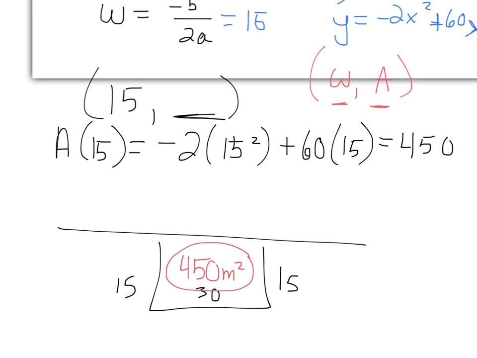So we solve for A in terms of one of the variables. We had a function that said A equals negative 2w squared plus 60w. That was the goal. Once you get that function by itself, to maximize it, find the axis of symmetry, and then find the vertex. Or minimize it, depending on the problem.